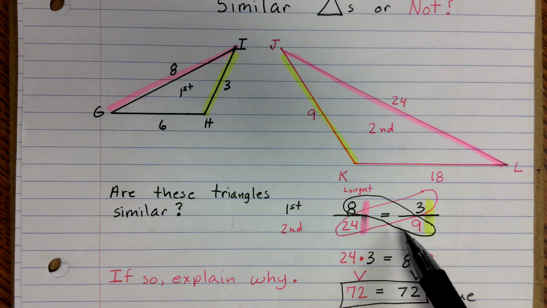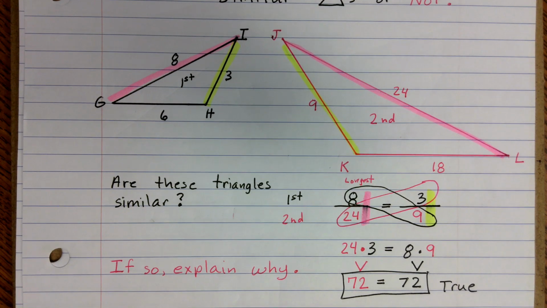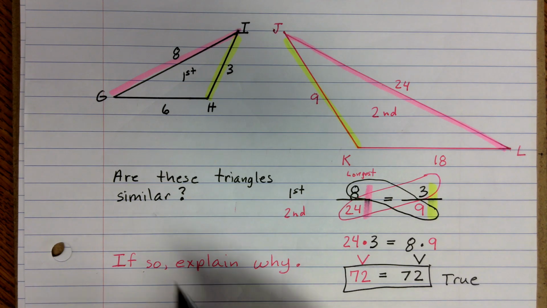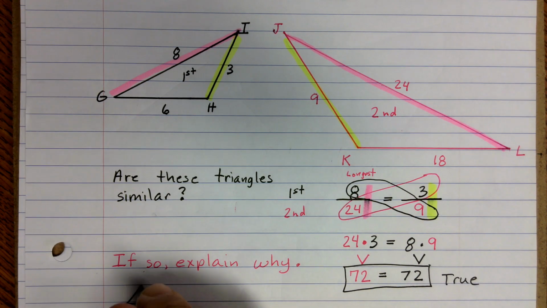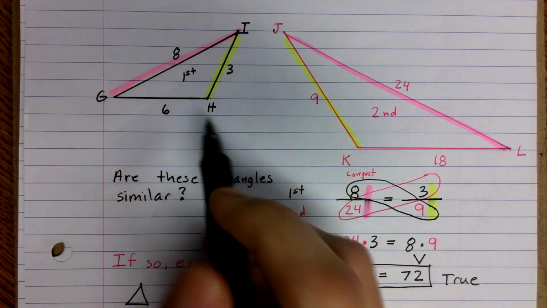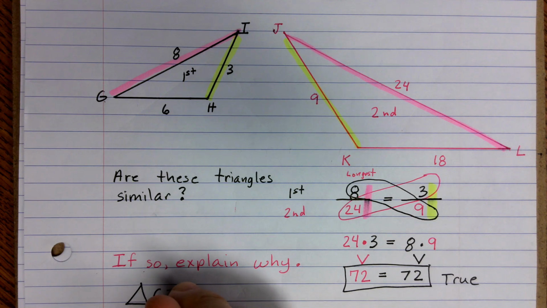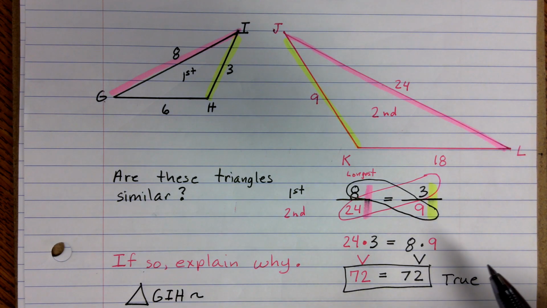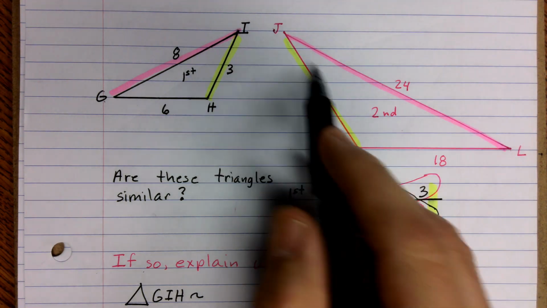And by me setting up this proportion with sides that have a relationship with one another from two different shapes, it proves that these are similar triangles. This is part of my explanation, proving that it's proportional. And I'm going to put on here triangle GIH is similar to triangle LJK.